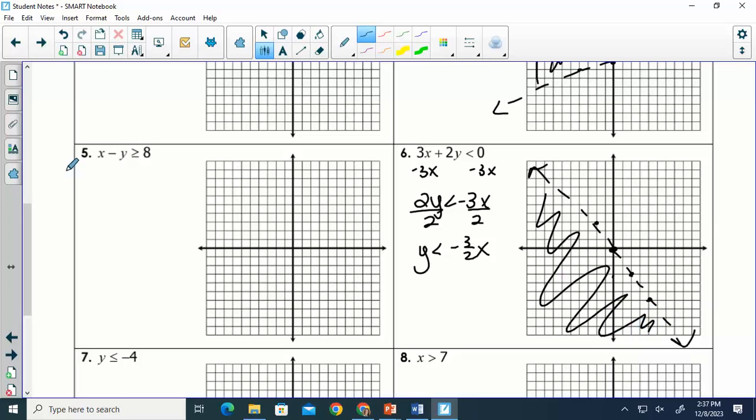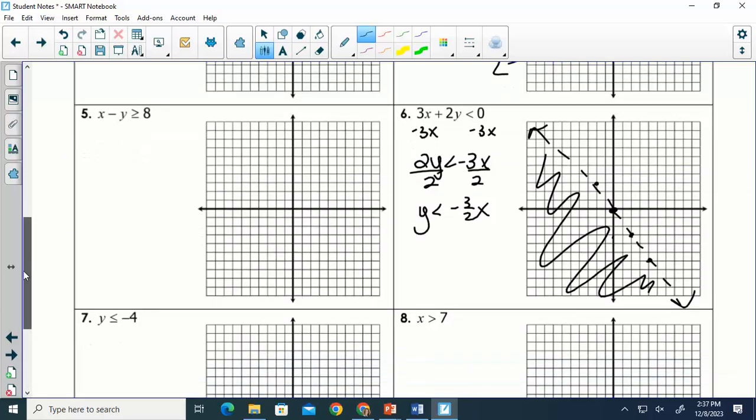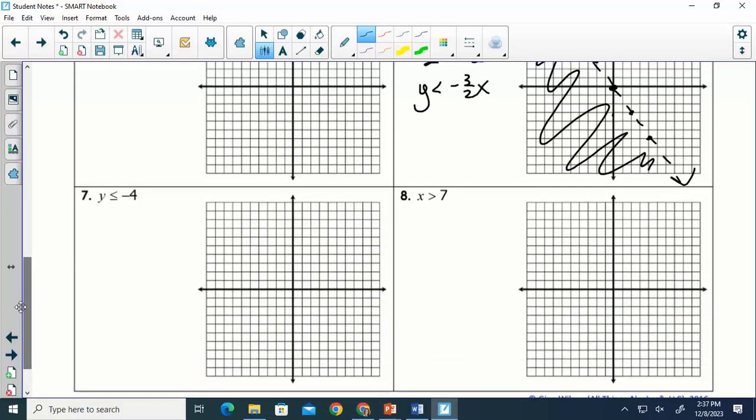I just want to mention something with 7 and 8. I want to touch on those real quick. They're not going to take very long, and then I'm done. If I look at problem 7, that doesn't have both an x and a y in it. What would I do?